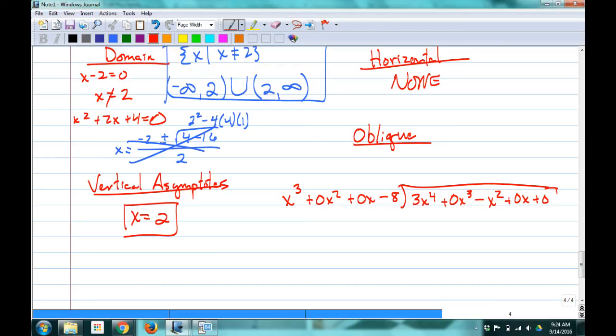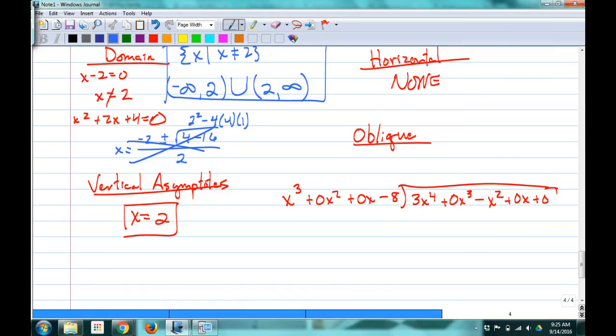Just filling in the gaps. And then I'm just going to do my long division. What's going to happen is we're going to get a linear quotient because the degree of the top is 1 more than the degree of the bottom. Slant asymptotes are linear. They're slope-intercept forms. Or oblique asymptotes, sorry, used the wrong word, knew it would.